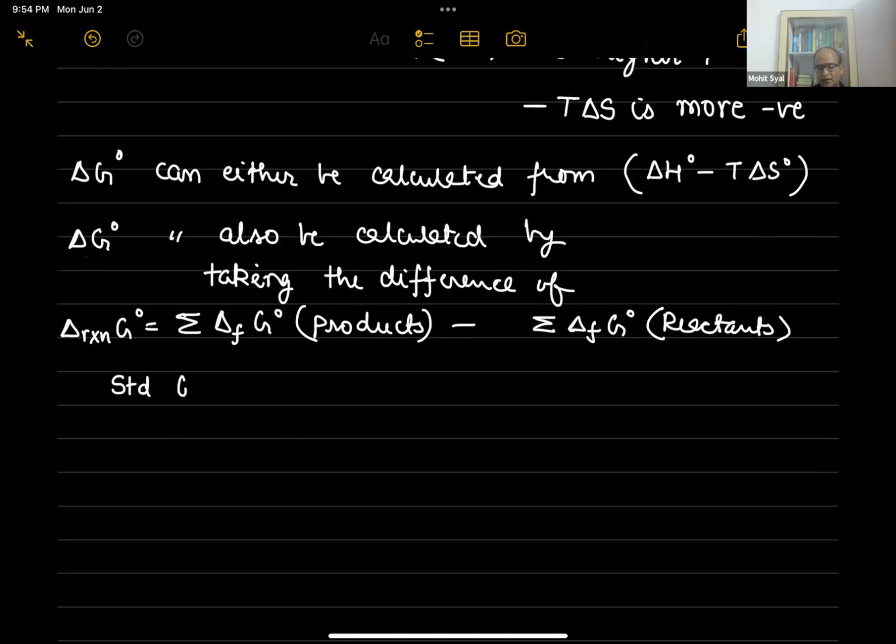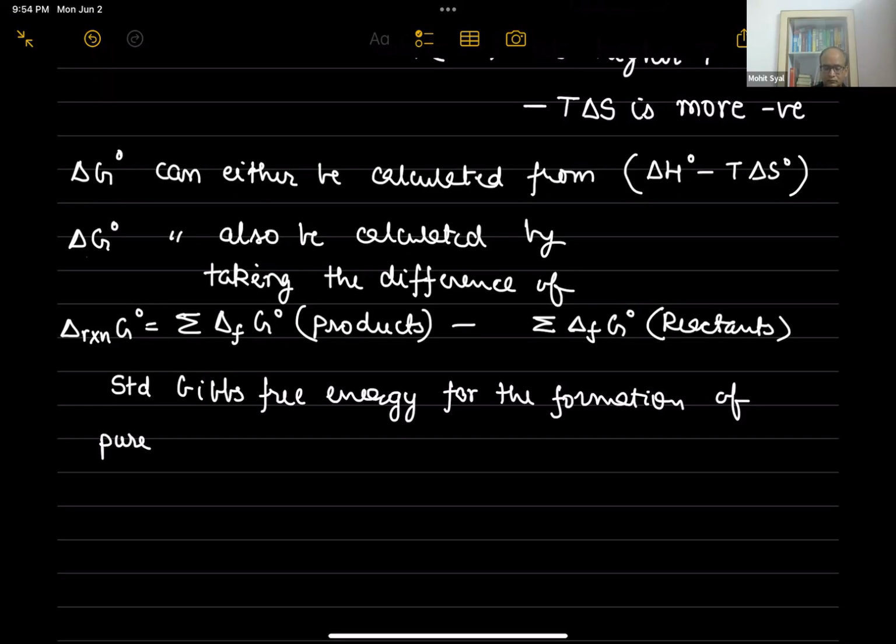The standard Gibbs free energy of formation for the pure elements is assumed to be zero.